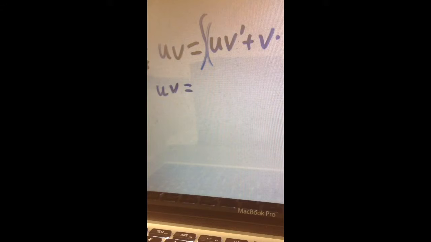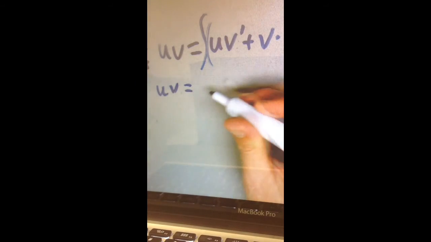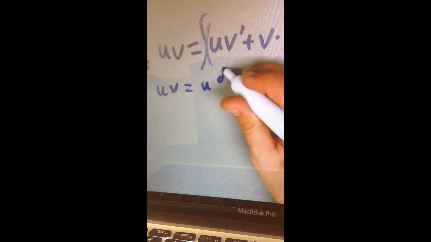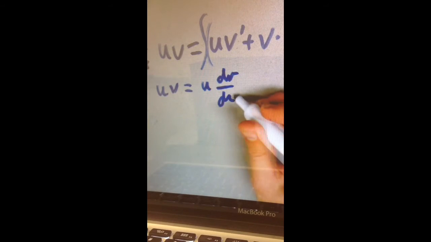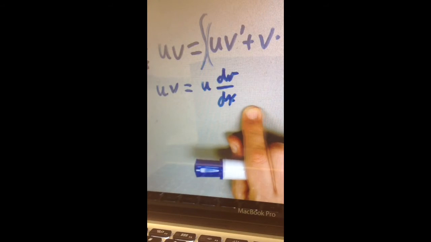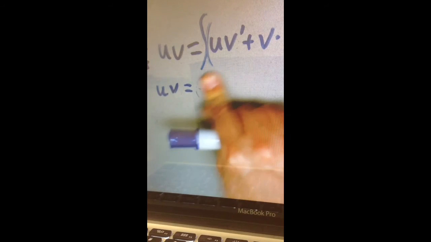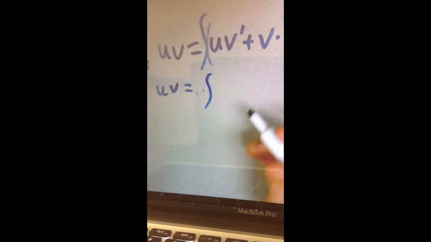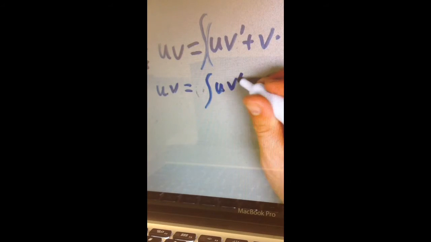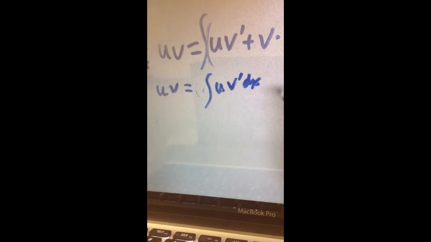All right. Now, the antiderivative here would be u dv dx. So what if they... No, hold up. I'm doing this wrong. I need to add a step on this side. Let's make this the integral of u v prime dx plus the integral of v u prime dx.